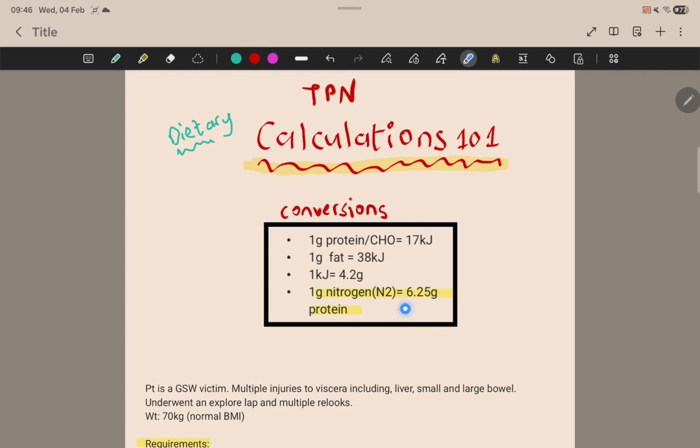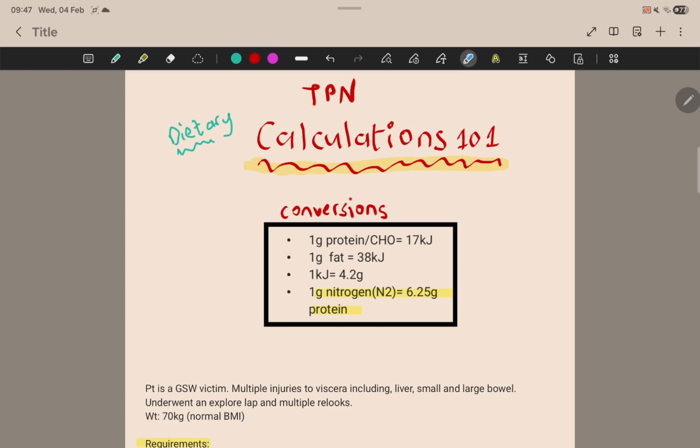So 1 gram of nitrogen is equal to 6.25 grams of protein. If we're going to convert from protein to nitrogen, you simply divide by 6.25 grams. We're going to be looking at that and also a few other things that are important for TPN calculations.